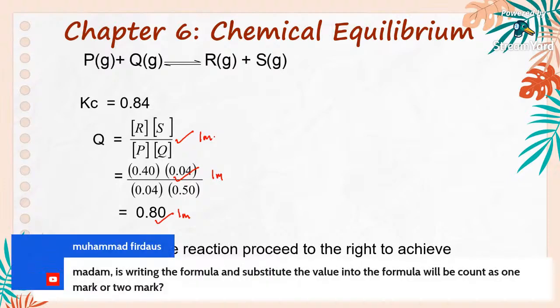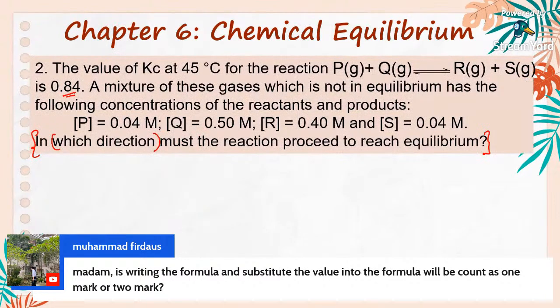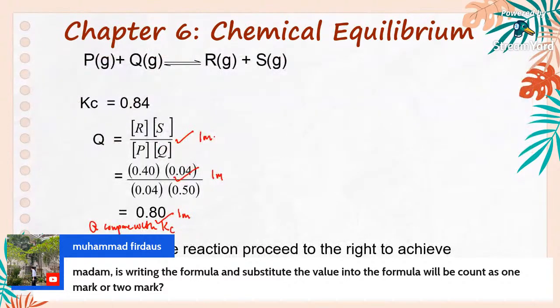In order to know which direction the reaction is proceeding to achieve equilibrium, you would compare Q with Kc. State it clearly whether Q is smaller than Kc or greater than Kc. So you state that it is smaller than Kc, so the reaction will proceed to the right to achieve equilibrium.